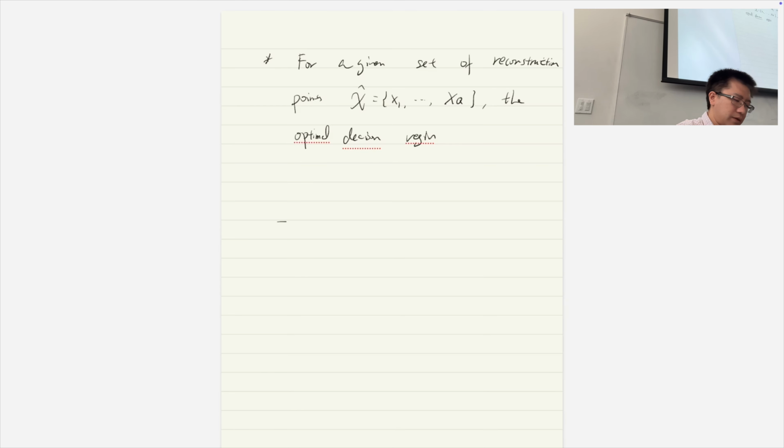Let's say we fix x1 here, x2 here, x3, x4, for example. All of those are fixed. Can you give me the optimal decision region? You should have seen this in our communication class.